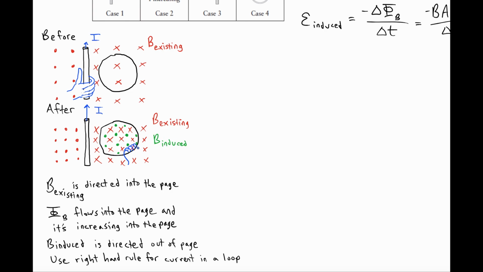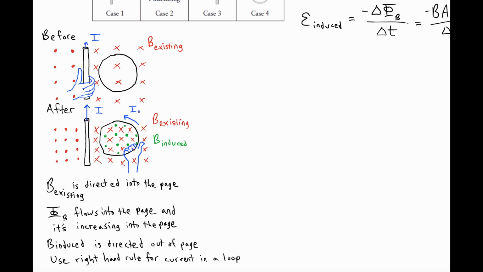Okay, and then when you do that with the right hand, the thumb points counterclockwise. All right, so the direction of current that's induced in this loop is counterclockwise.